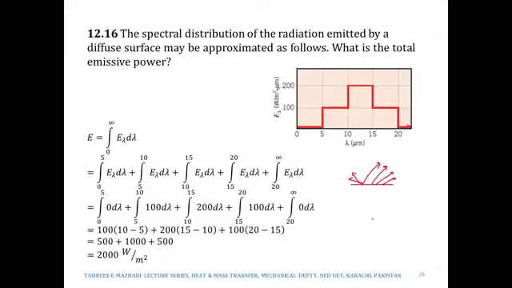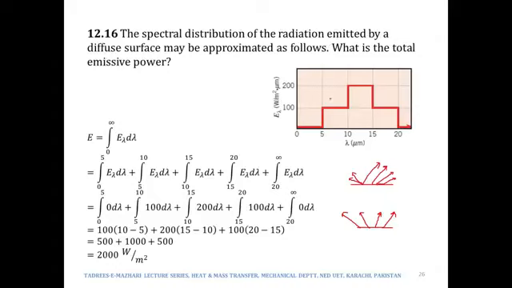So this is not a diffuse surface. In fact, this happens due to the depressions and projections on the surface. So what is a diffuse surface? A diffuse surface is one which emits the radiation uniformly in all directions.